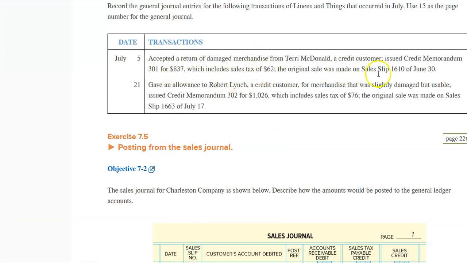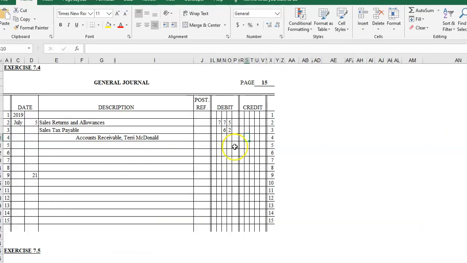Sales tax $62. Sales slip. Okay. So the $837 goes back to the customer. That's all you need to do, but they kind of want you to write a memo. So you would put like CM for credit memo, and maybe you'd put it's credit memo number 301. Actually, let's put it where I can see it.